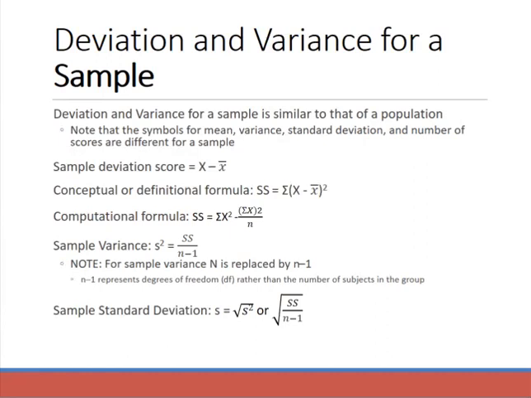When you've got a sample and you're calculating the variance, you need to do n minus 1 as opposed to capital N. And then our sample standard deviation is the square root of the variance. But again, variance for a sample is s squared, so the standard deviation for a sample is s. And again, we're dividing by n minus 1 instead of n.